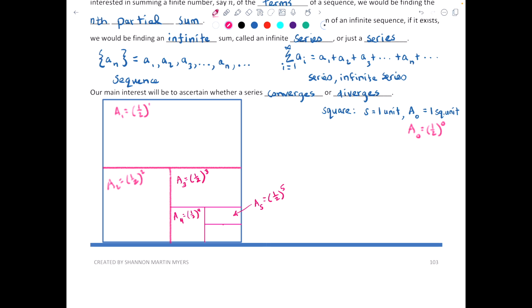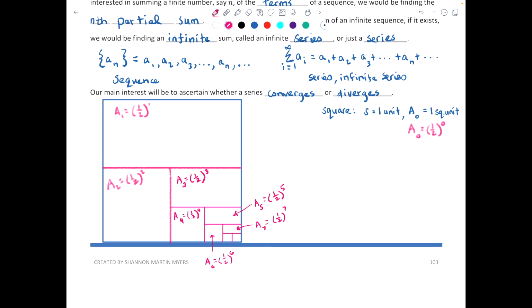And then dividing this next one in half, we would have a 6, which is 1/2 to the 6th. And then you would just keep on going. I think you can get the pattern here. So this one here would now be a 7, 1/2 to the 7th. And then split this up, you'd have a 8, etc.